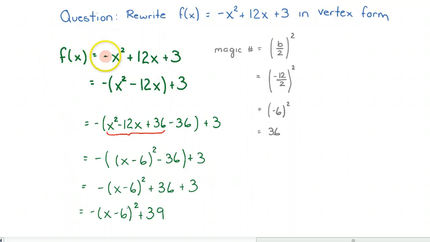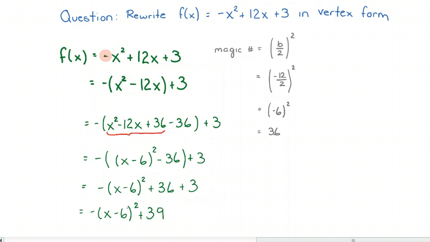So we notice that it has a negative leading the x squared term, and that essentially I factor that negative out and then eventually have to multiply it back in, so we know that that negative is going to end up sitting out in front of the actual perfect square component. So that means that if the a term in standard form is negative, we can state that this quadratic opens down, which is a nice little observation to have in our bag of tricks.